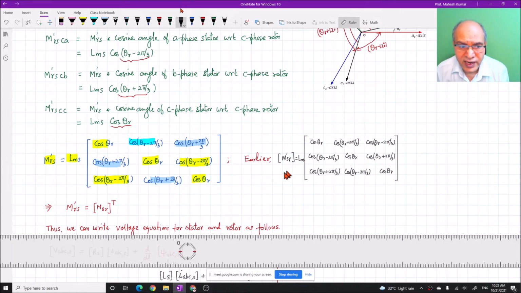The difference is that MRS dash equals MSR transpose. This matrix equals MSR transpose. Earlier you would have thought that they may be the same, but they are not the same. In fact, they are transposes of each other.